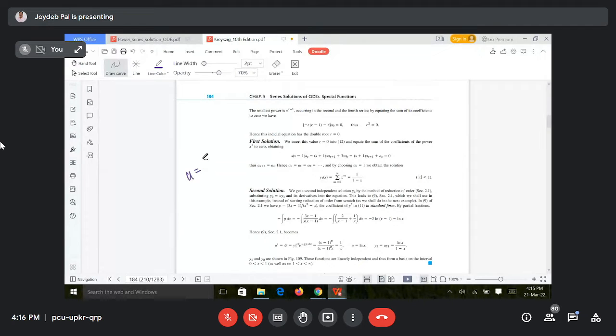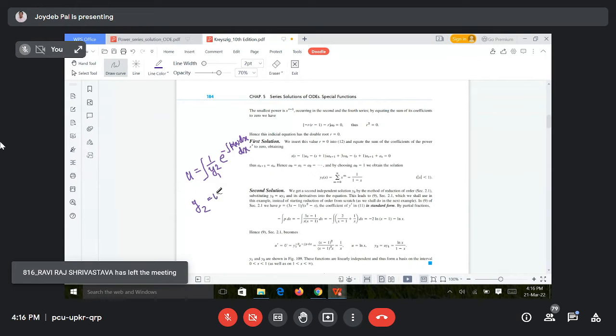U is equal to integration of 1 by y1 square, e to the power minus integral of px dx, and whole dx. That is the formula to find u. So after getting u, you multiply it by y1, you will get the second solution. Okay.